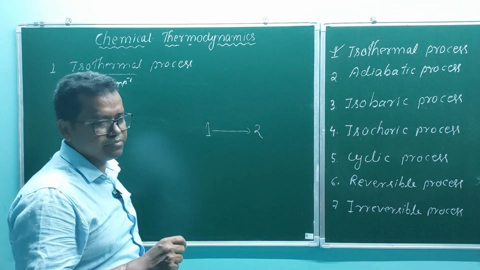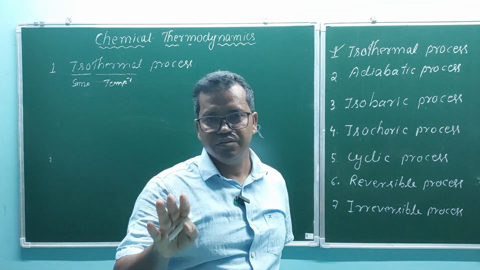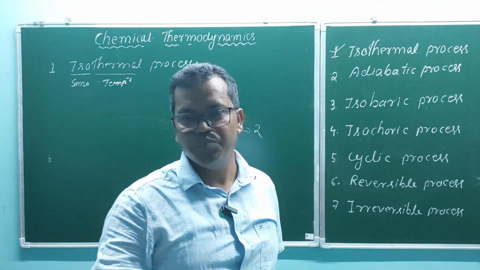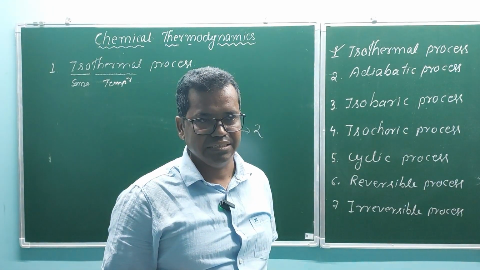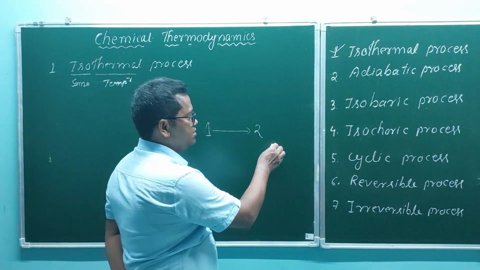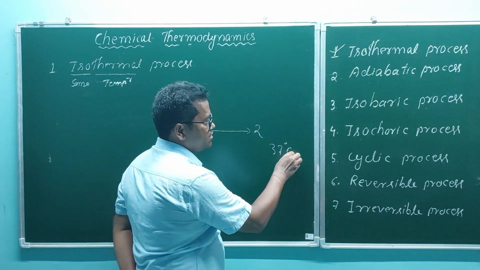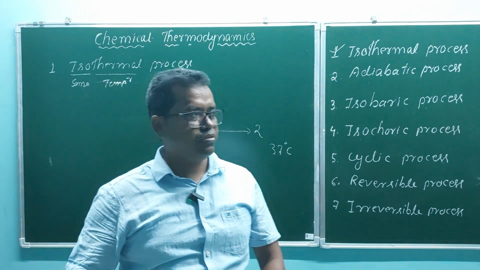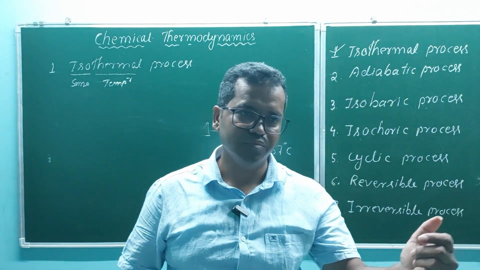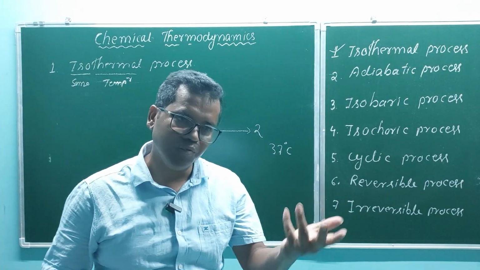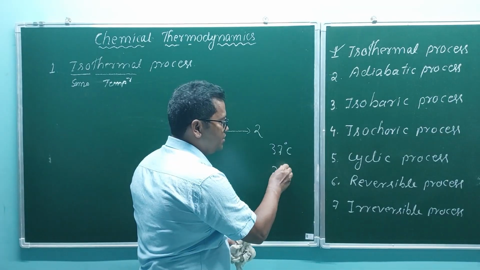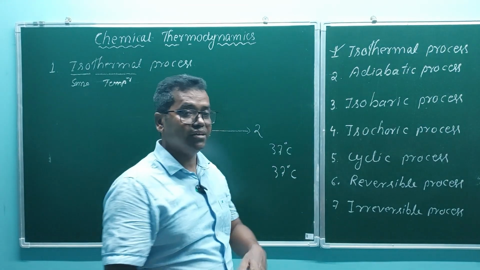For example, now dear student, at this moment your body temperature will be the normal body temperature, we can say 37 degrees centigrade. When you reach home, what will be your body temperature? It will also be 37 degrees centigrade.